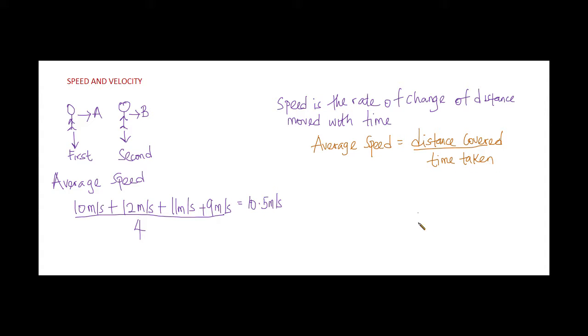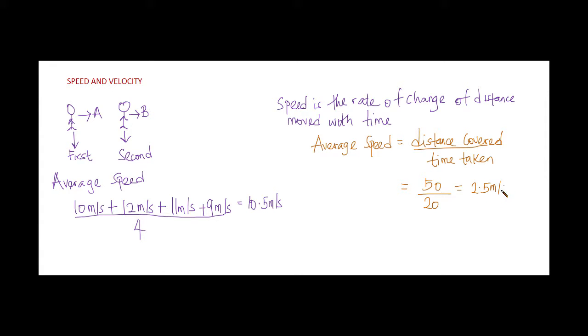Now if we take, for instance, a car or object that moves a distance of 50 meters over a certain period of time, which is 20 seconds, we're going to have our final answer to be 2.5 meters per second.